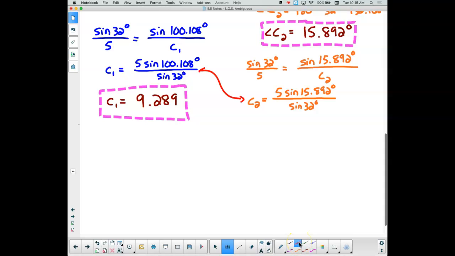These lines are going to be the same, just have a different angle C. So you're really only doing one set of math. You just got to kind of go back and replace the other one. So I get side C sub 2 as 2.584.